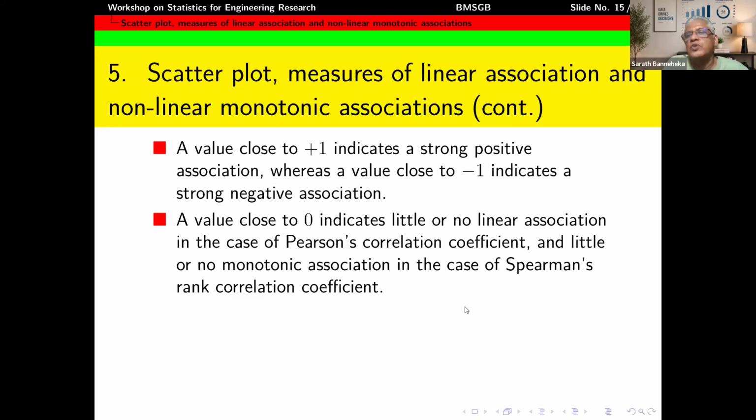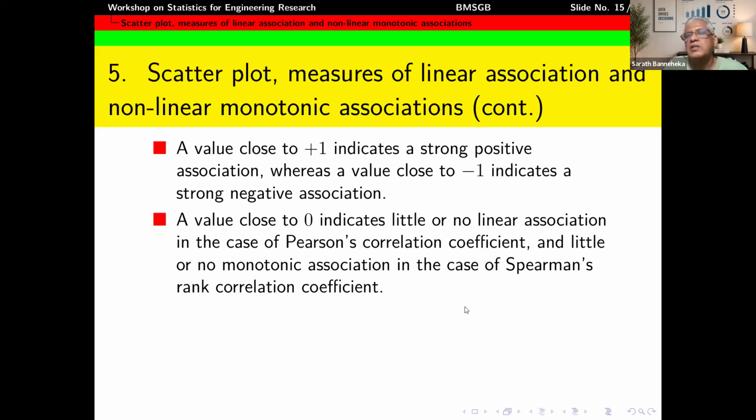If it is on the negative side, then the word negative can be put with it. And if R is between 0.5 and 0.75 or 0.8, usually it is considered a moderate relationship. Again, depending on whether you are using R or RS, you can add the word linear or monotone.